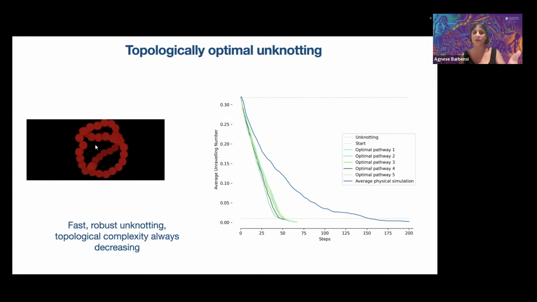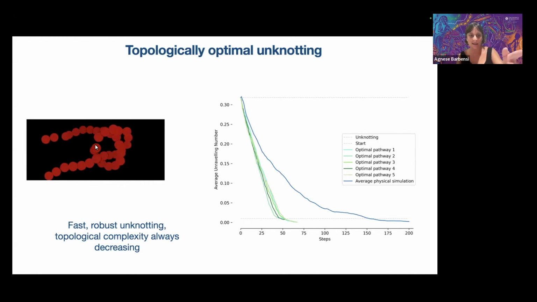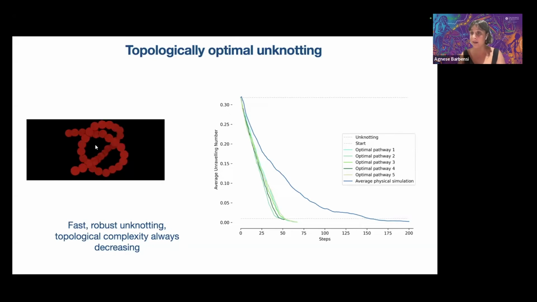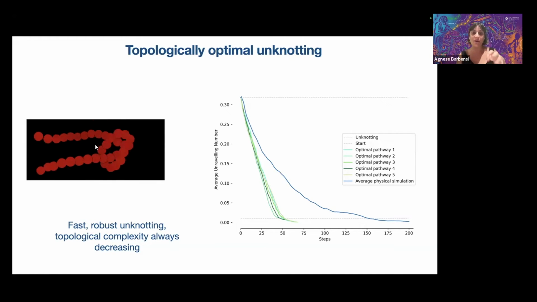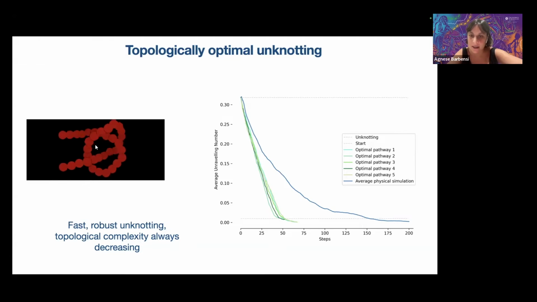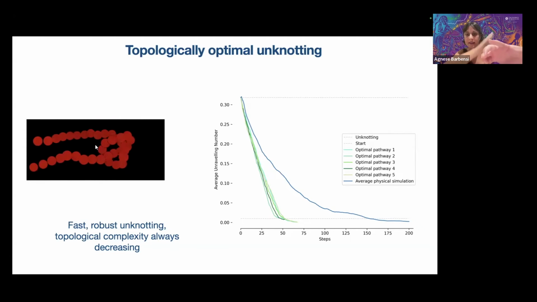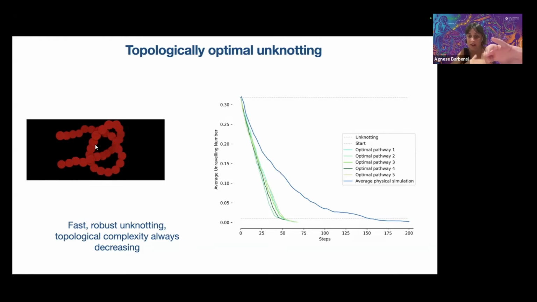And as you can see from this picture, if we compare these approximated optimal pathways with the result of the average physical simulation, which often results in unknotting, we can see that unknotting by these monotonic, optimal pathways is faster than the average physical simulation. Also, from the green curves showing the behavior of the average unraveling number against the time steps of the simulation, you can see that these pathways are kind of robust.